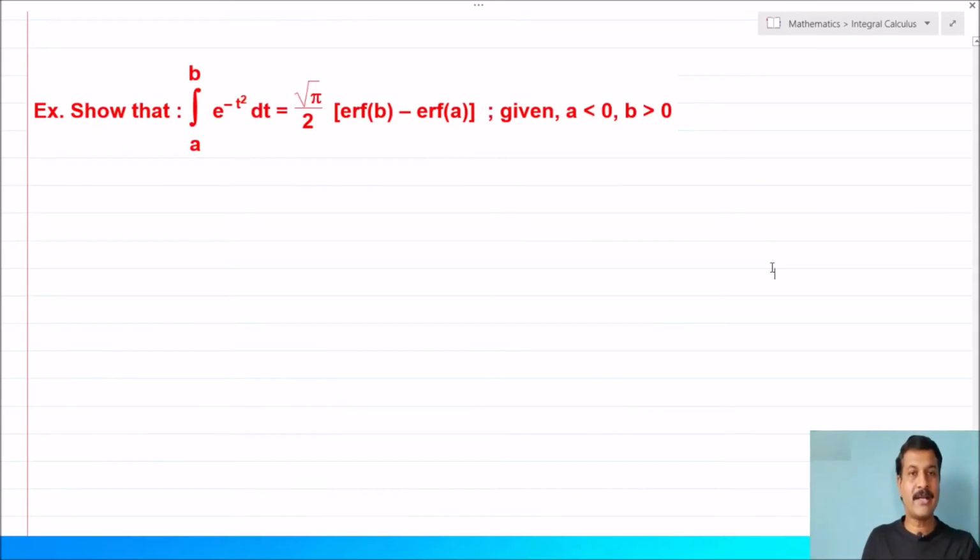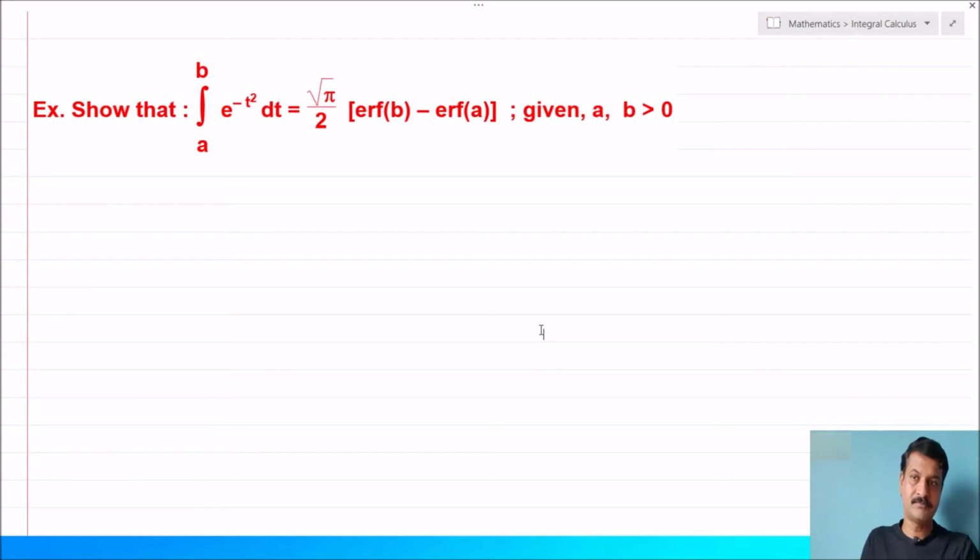So consider a new example here. Show that integration from a to b e raised to minus t square dt equal to root pi by 2 into error function of b minus error function of a, given that a is less than 0 and b is greater than 0. So how to prove this one? So if we observe this thing, what do we know? We know the definition of error function, and that is why I will consider here the right hand side first.